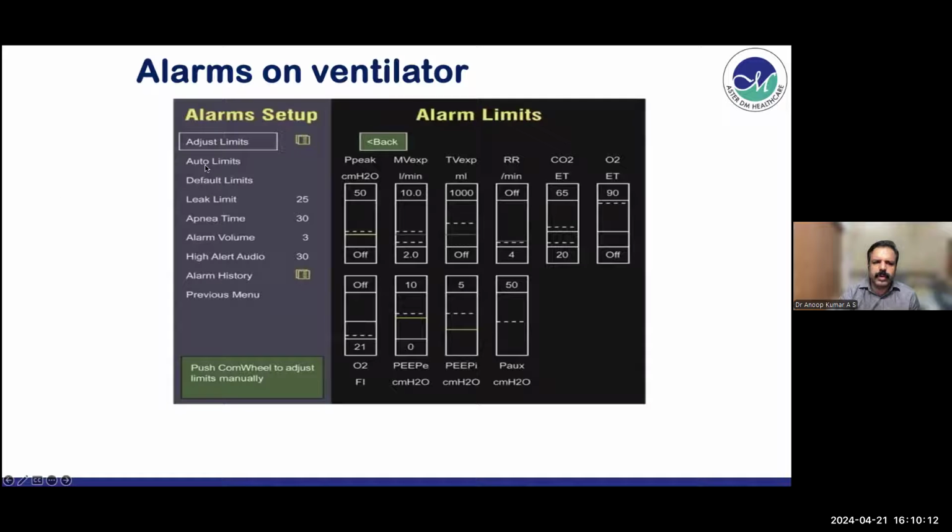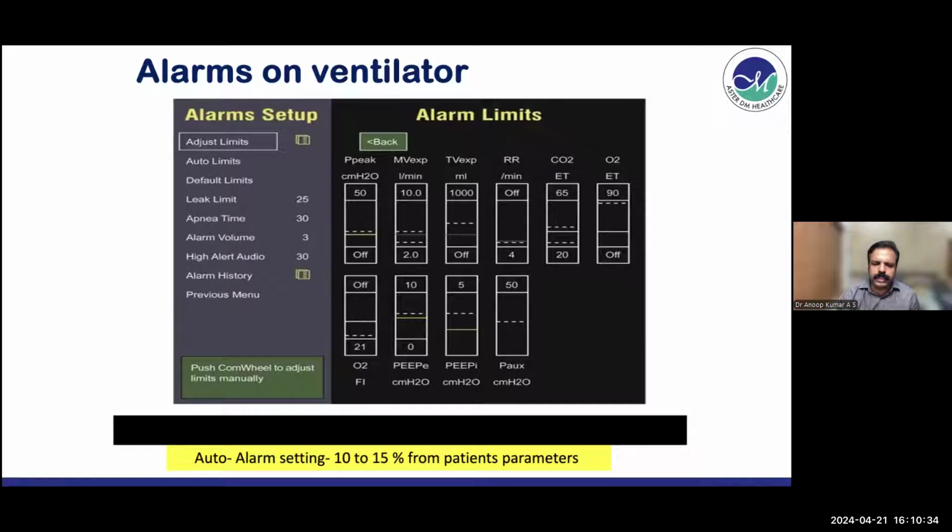Or if you go to the auto limit settings, the machine itself will set the upper limit and lower limit at 15% above and below the present values. So these are the alarms on the ventilator. Whenever you are using a ventilator, you should know what the alarms are, how the alarms are set up, and how to manage those things.